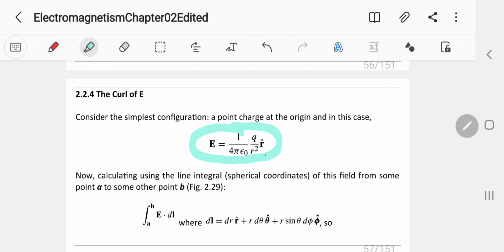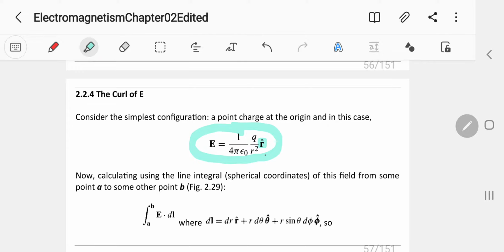That R there is the distance from the origin to the point where the field is measured. And the R hat is just the unit vector pointing in the direction of the electric field.